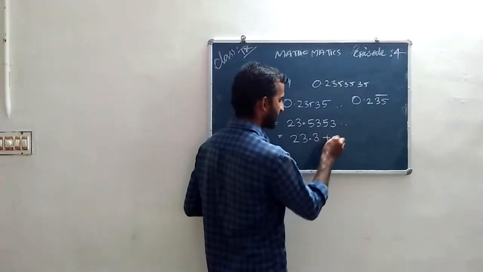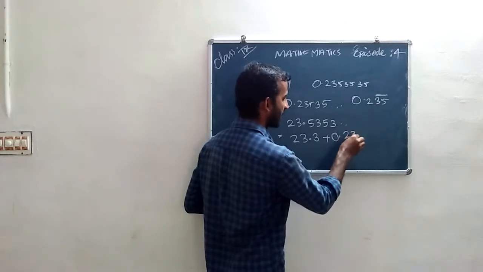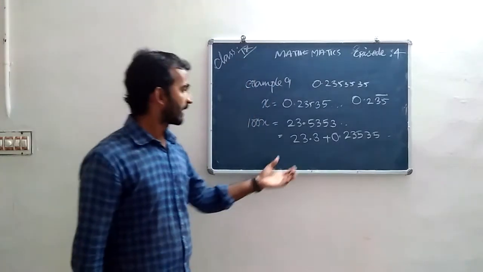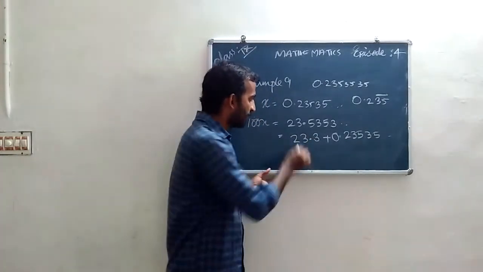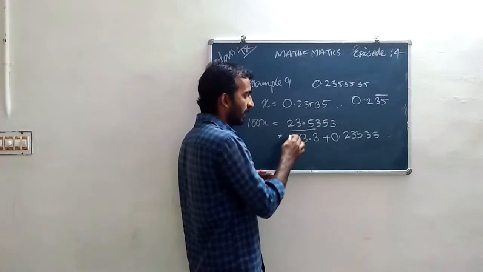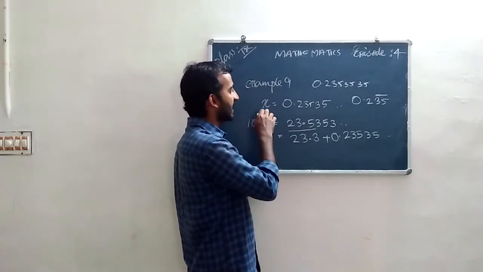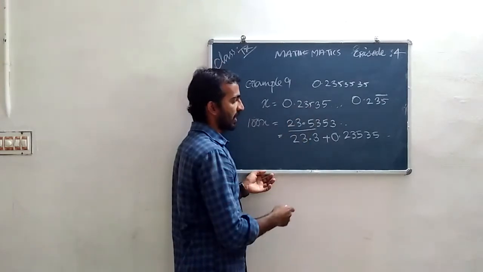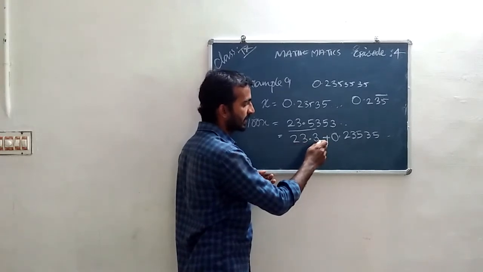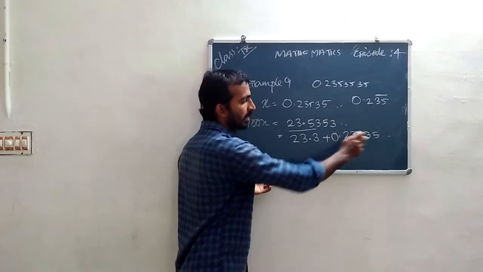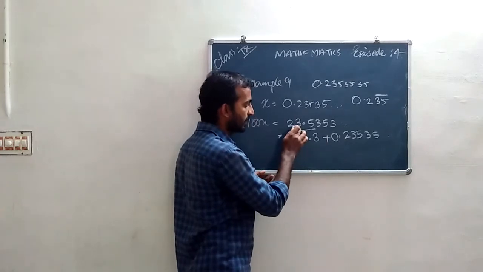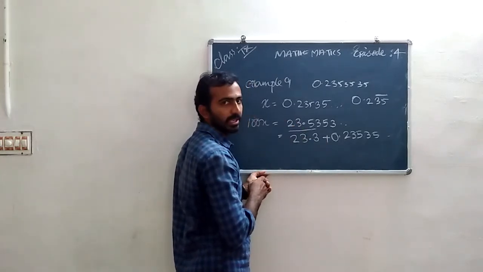23.3 plus 0.235 etc. Here we take x as 0.235 etc., so we make 23.3 plus 0.23535 etc. When we add these, we get 23.5353 again.